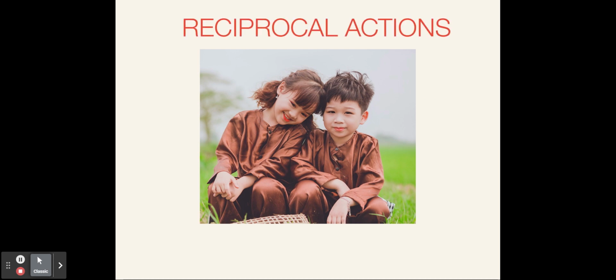Otro ejemplo, you could use various verbs. Let's use querer, which is love. Los hermanos, so siblings love each other. Los hermanos se quieren, pronoun in front of the conjugated verb.